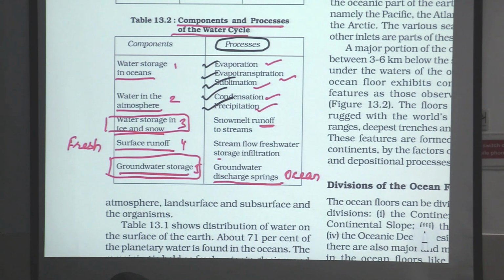It also incorporates melting of ice, snow melt, ablation. And it also incorporates the storage, infiltration, percolation. You have to understand these expressions very clearly. All these combine to give us the components and processes of water cycle.